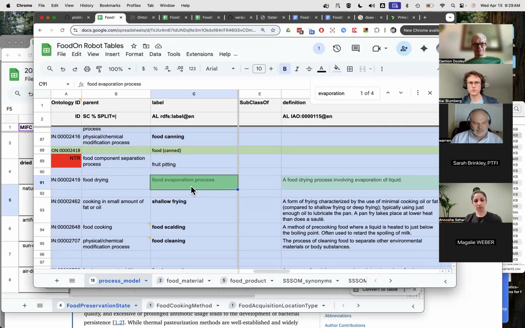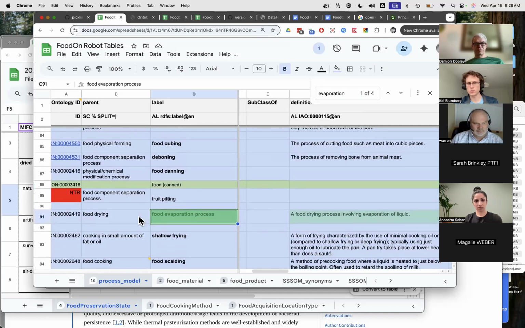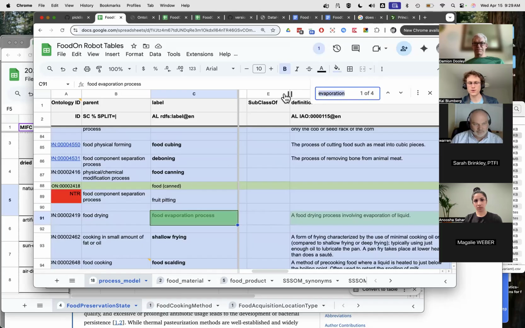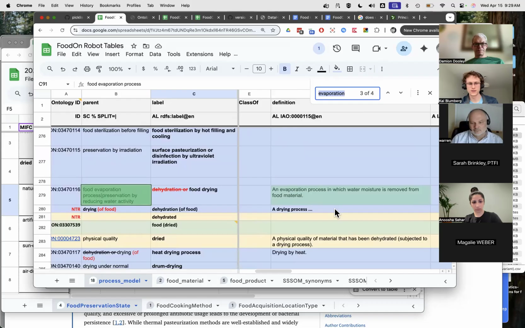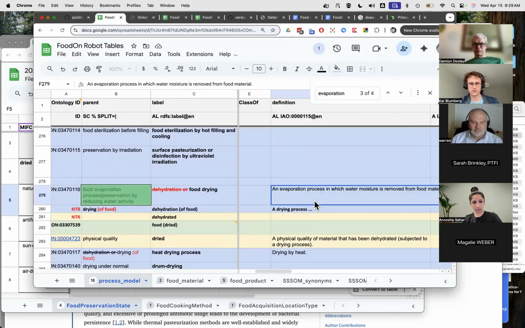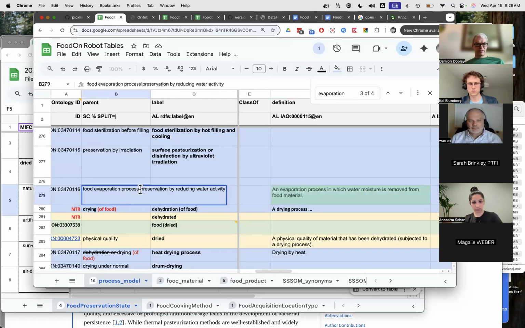Yeah, I would keep it generic, even though it's mostly water, you never know. There's probably a counterexample with something, even though 99% of the time it's probably water. Okay. I think you are right. Food evaporation process could involve water or alcohol or other liquid, but I think that food drying is exclusively water extraction.